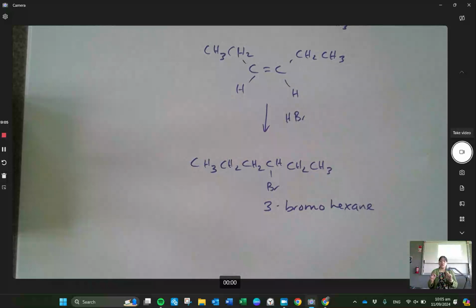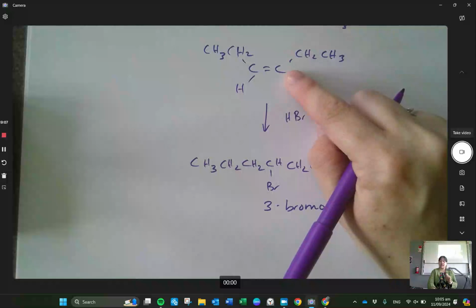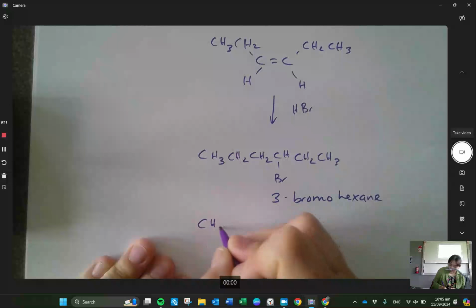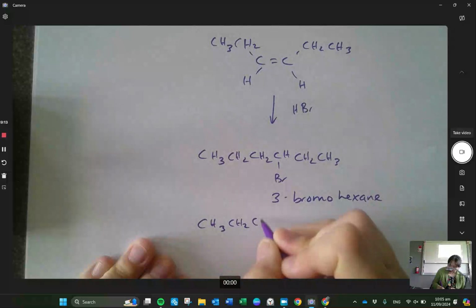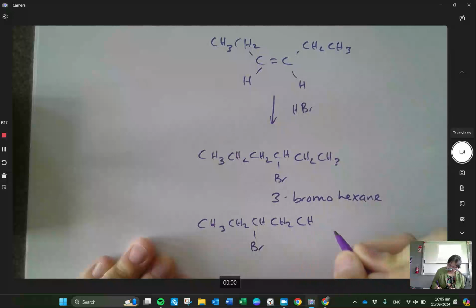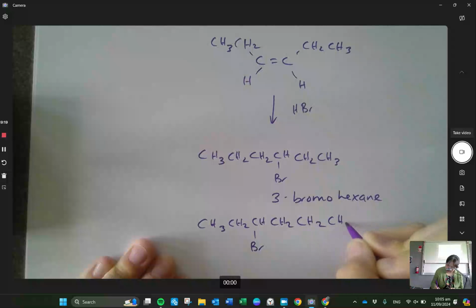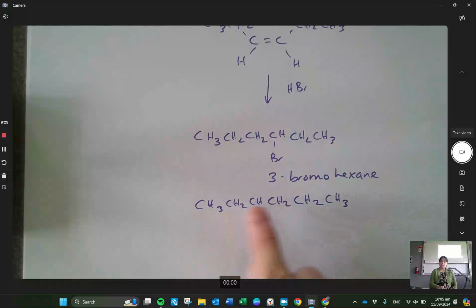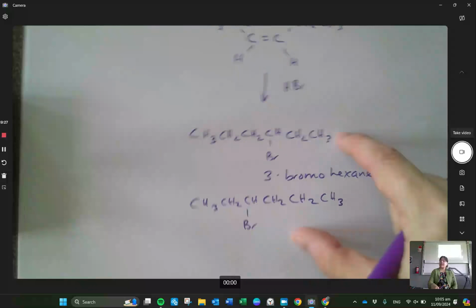If the opposite occurs and this carbon gets the hydrogen and this carbon gets the bromine, I would have CH3, CH2, CHBr, CH2, CH2, CH3. Do you see how this is still 3-bromohexane? 1, 2, 3. So I have the same product regardless.